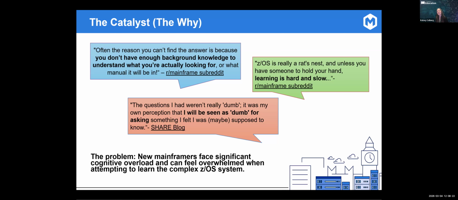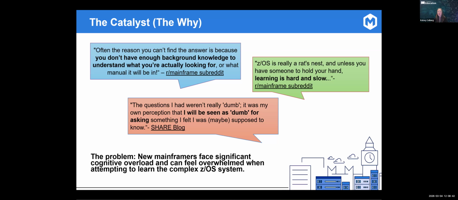So people found education hard to find, and they were afraid to ask questions. The problem is that new mainframers were facing significant cognitive overload and felt very overwhelmed trying to learn this very complex system.